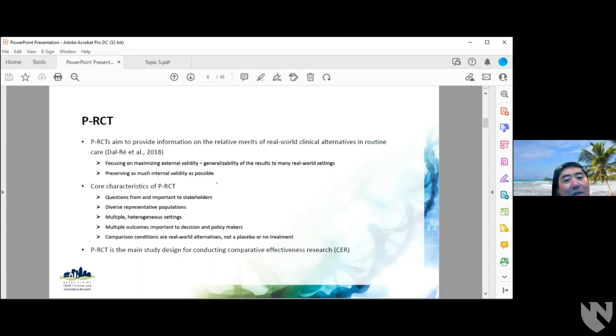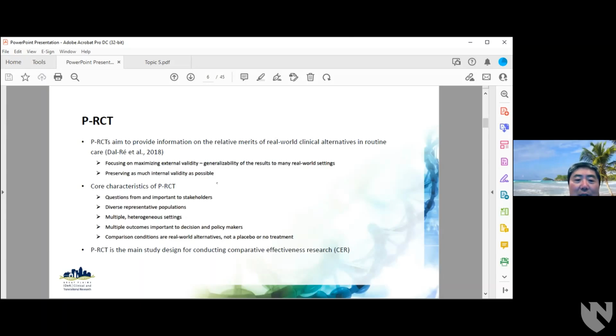For instance, if the proof of concept demonstrates the new treatment or intervention in the ideal scenario with, let's say, a 1.5 treatment effect size, in practice you can achieve 1 standardized effect size, which is already pretty good. So you still try to preserve the internal validity to some degree. So that's the PRCT.